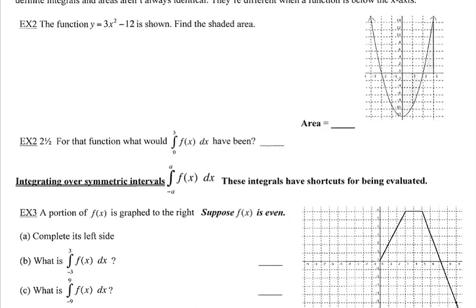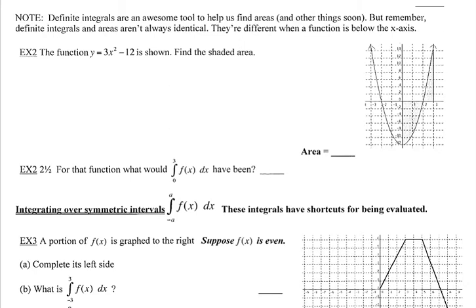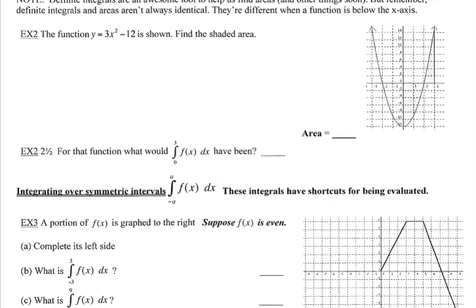If we're looking for the area between the curve 3x squared minus 12 and the x-axis, well, some of that area, this part here, some of that area is going to be negative, whereas the area that's above the x-axis, this area, what I'm highlighting in green, that's going to be positive.